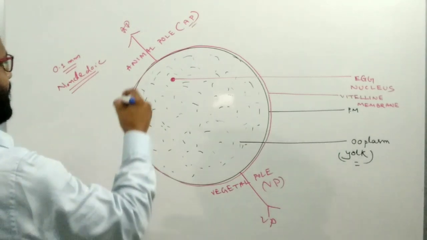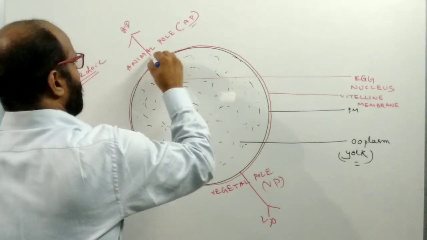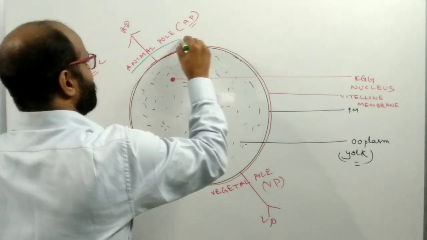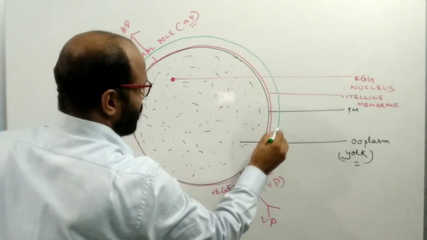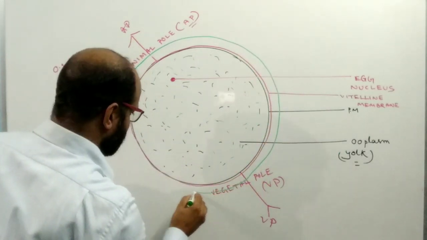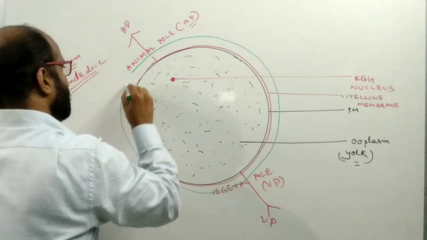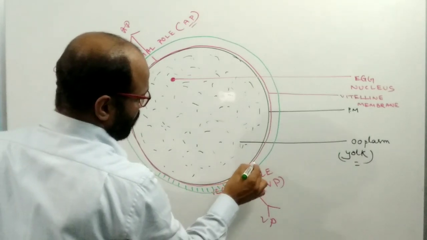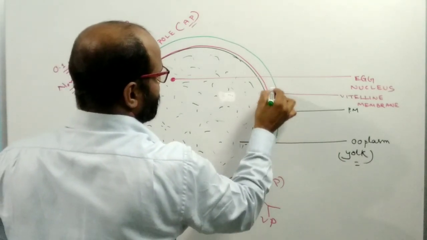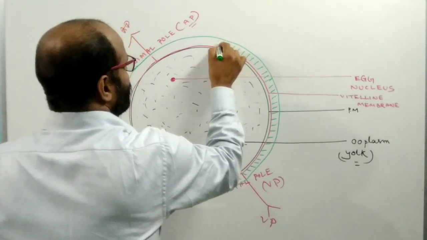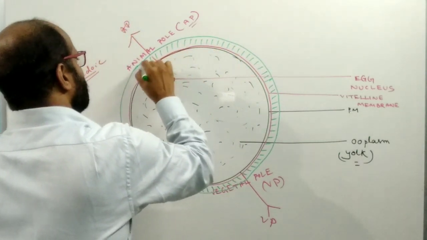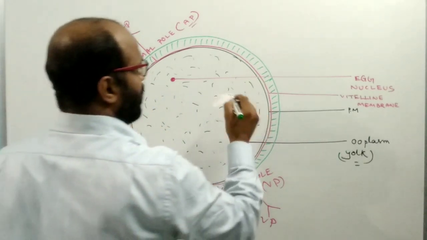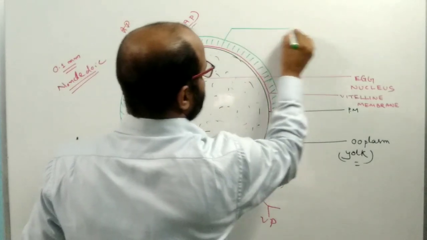Outer to the vitelline membrane there is another layer, a thick acellular layer, meaning it is made up of jelly, not cells, and this layer is known as the zona pellucida.